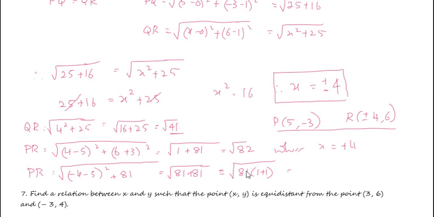So 81 I am taking out, that is 9, 1 plus 1 is 2, the answer is 9 root 2 when x is equal to minus 4. So PR has got two answers in this case, when x is equal to plus 4 and when x is equal to minus 4.